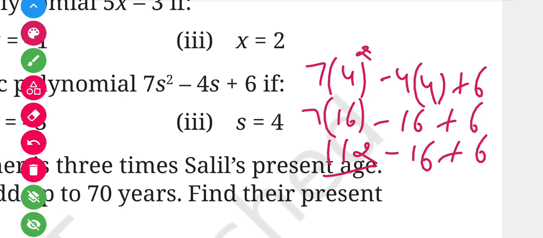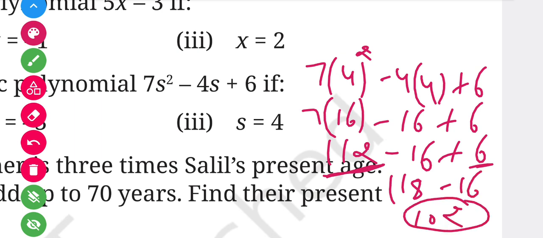We can add them, or we can subtract them as well, but okay, we will add them. 112 plus 6 becomes 118, minus 16 becomes 102. So this is the answer of 7s square minus 4s plus 6 if s is equal to 4.